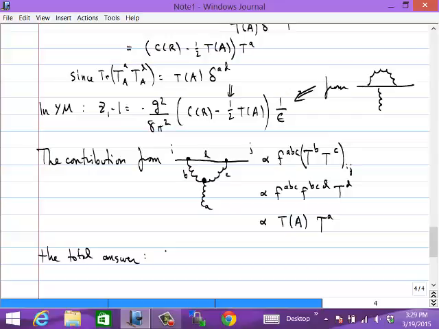I'll just tell you the answer so that we don't have to keep track of all those numerical factors ourselves. It'll be some linear combination of C_R and T(A). Good. Any questions?